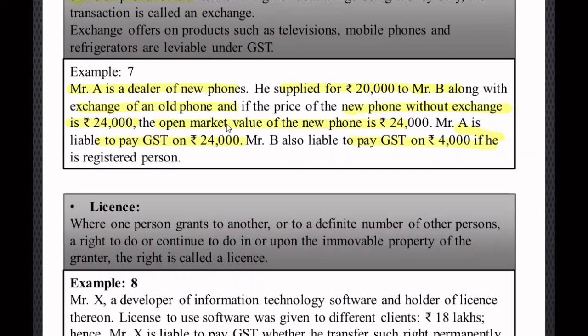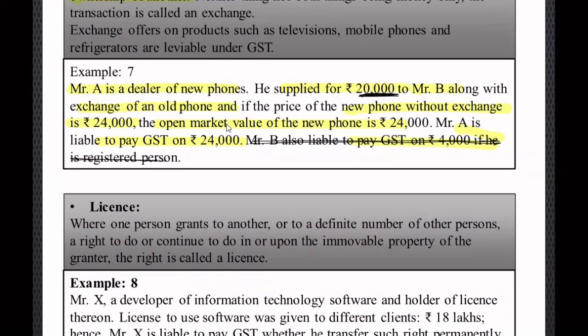Now, just cut out this line, if he is a registered person. Just strike out the line, okay? Neither can you understand right now, nor can I make you understand right now, what they are trying to say. So actually, this example is not complete.